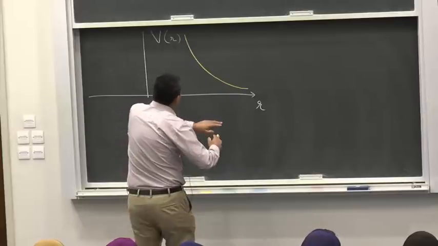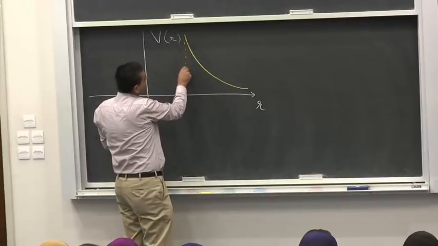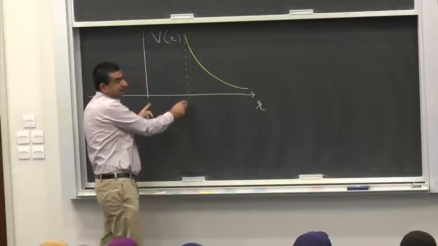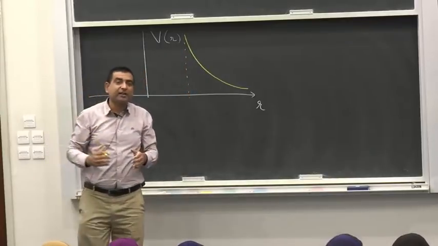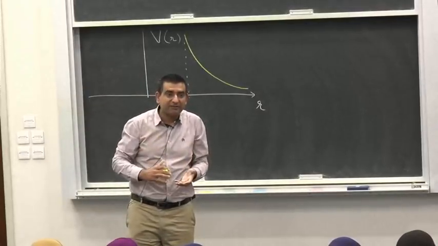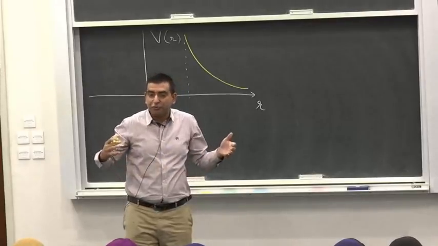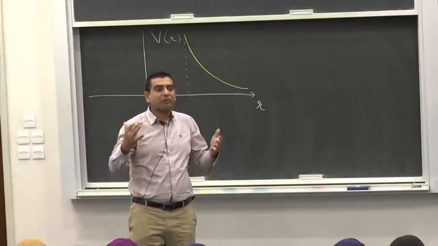So as this R decreases, the potential energy goes up. But at a certain distance, which is a very small distance, which is of the size of the nucleus, a new force kicks in, that's called the strong nuclear force, which is attractive, which can attract two protons together, two neutrons together, and a proton with a neutron.